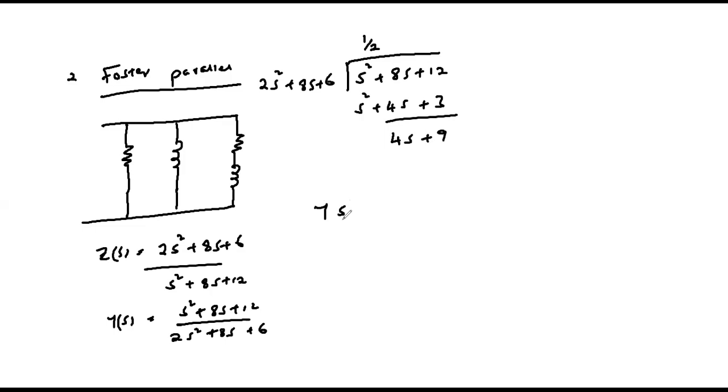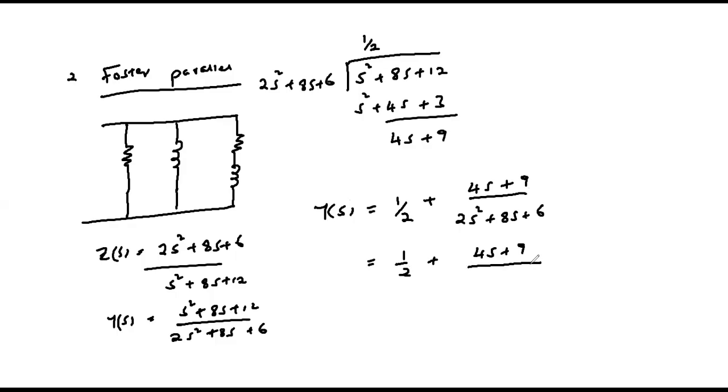That means our Y of s can be written as a half plus (4s plus 9) over (2s squared plus 8s plus 6), which you can write as a half plus (4s plus 9) divided by 2 into the terms (s plus 1)(s plus 3).